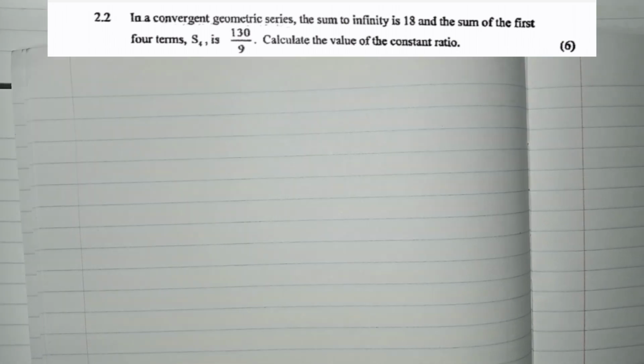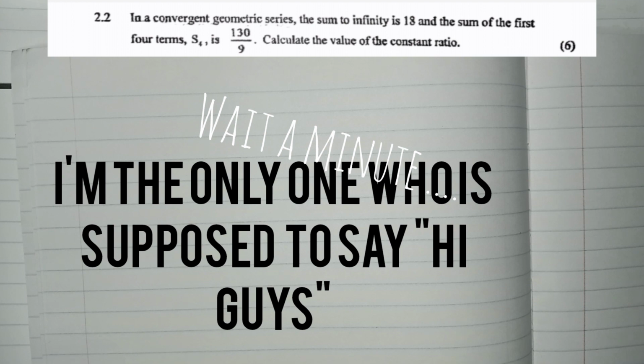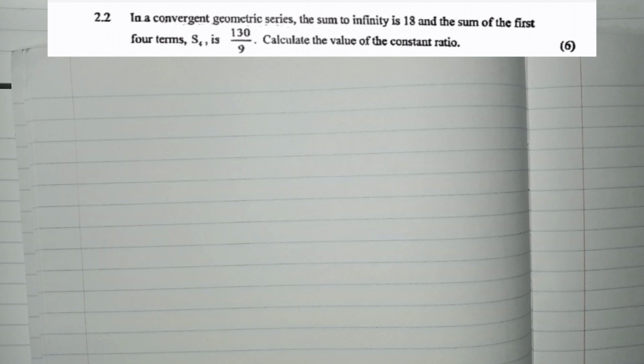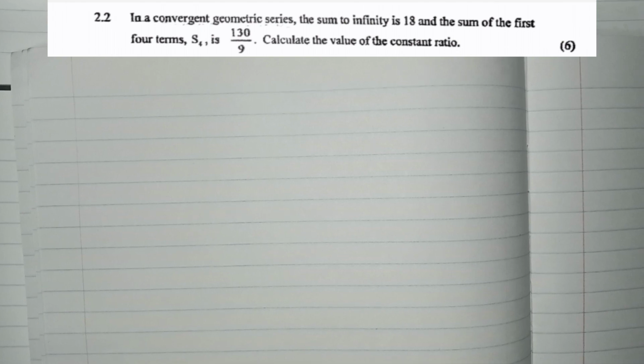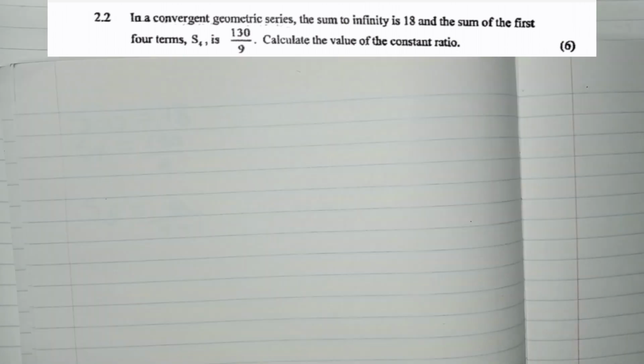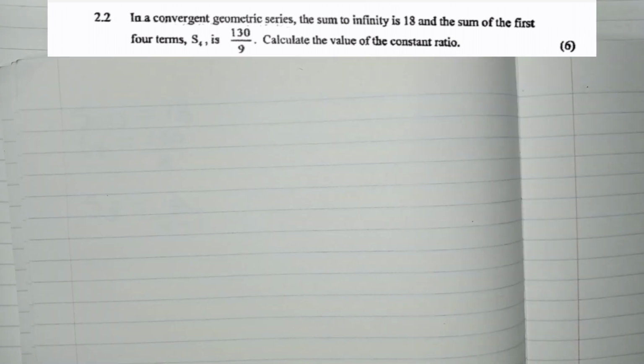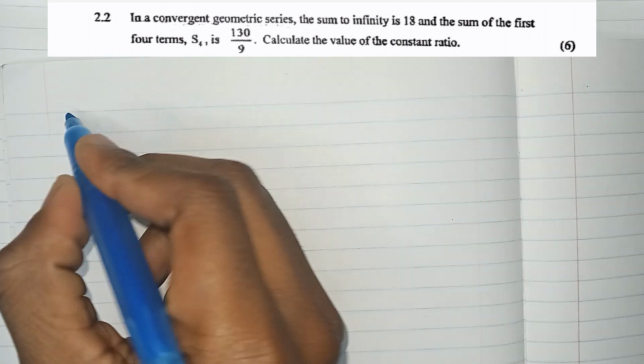So hi guys, today I will be your tutor. You will be listening to me teaching you how to do this. We have a scenario here: in a convergent series, the sum to infinity is 18.